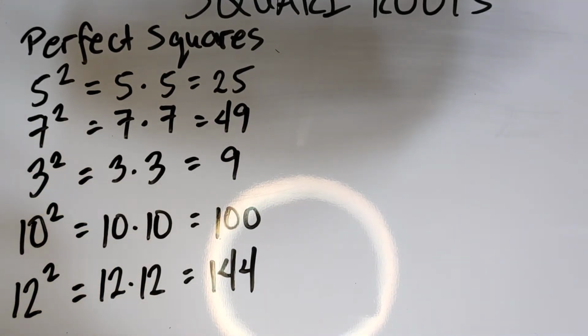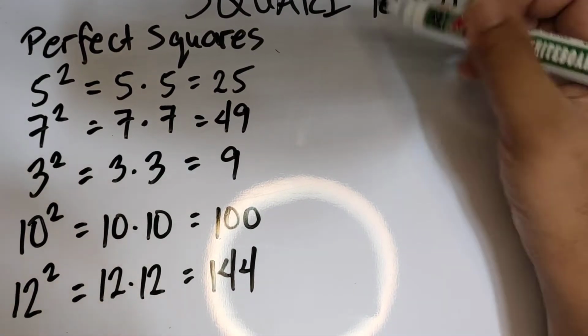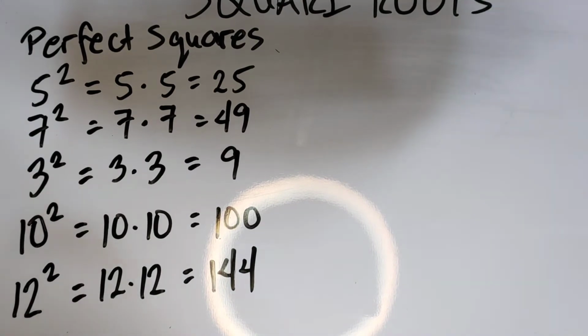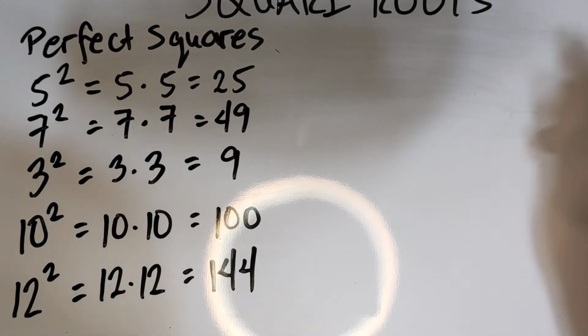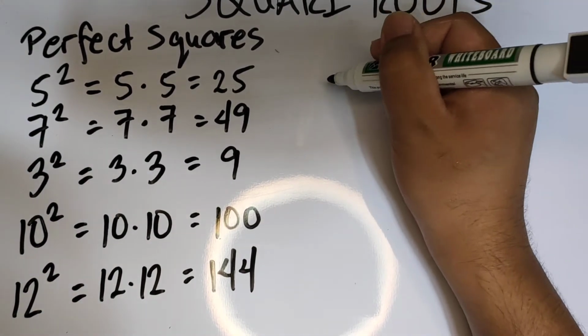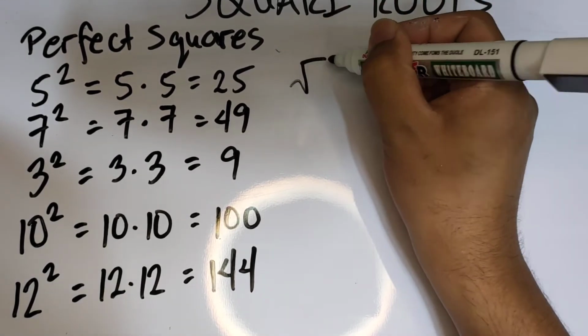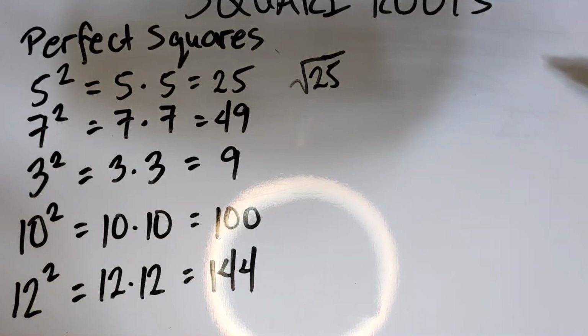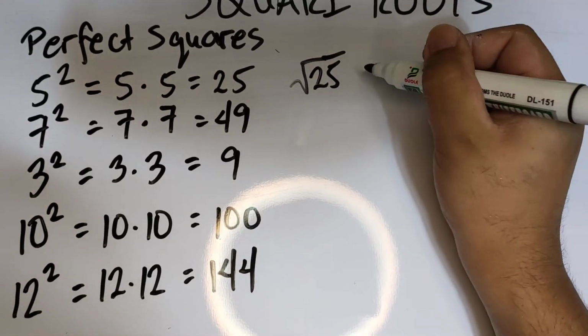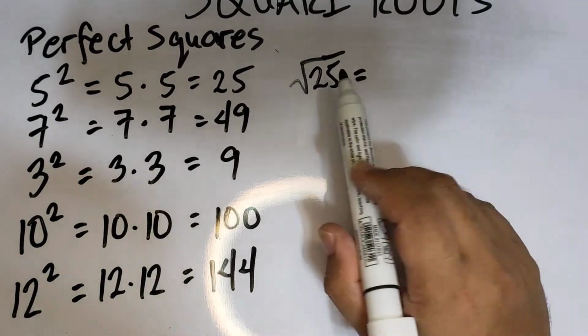Paano naman yung kanyang kabaligtaran? Okay? Kapag perfect square yan, ang kanyang kabaligtaran yung square roots. So, paano mo susulat yun? Ang square root ng 25, ibig sabihin nun, ano yung number, pag pinag-multiply mo sa sarili niya, makukuha mo ay 25.